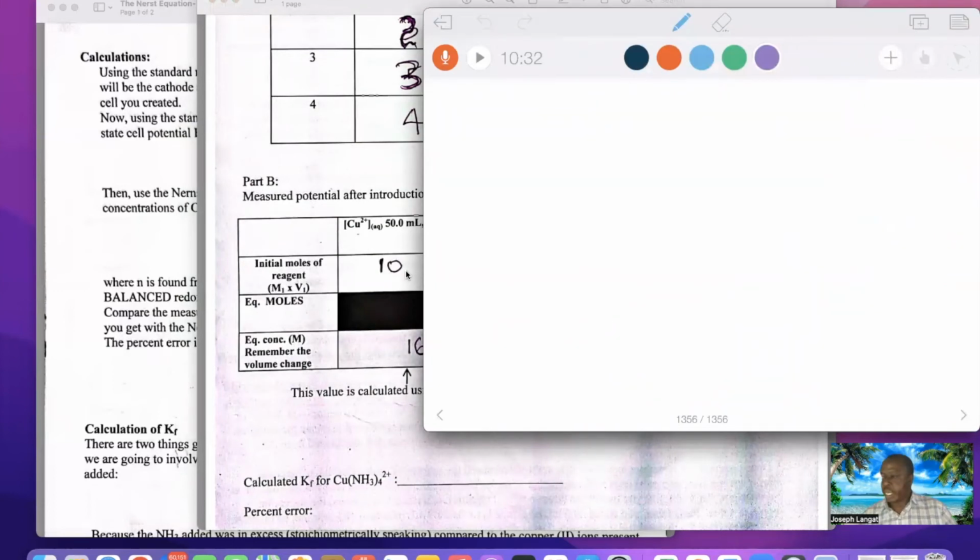For line 10, the number of moles is given by volume in liters times molarity.